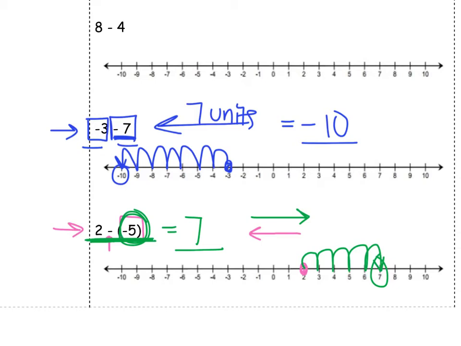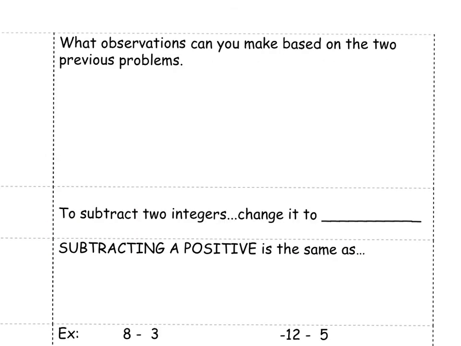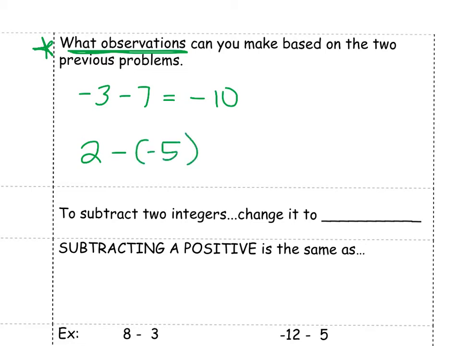So thinking about these 3 questions, look at the next page of your notes. It's asking you right up here, what observations can you make based on the 2 previous problems? So thinking about our 2 previous problems, we had negative 3 minus 7, which equaled negative 10, and 2 minus negative 5 equaled 7.